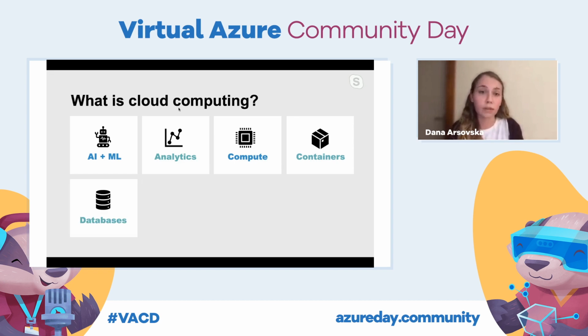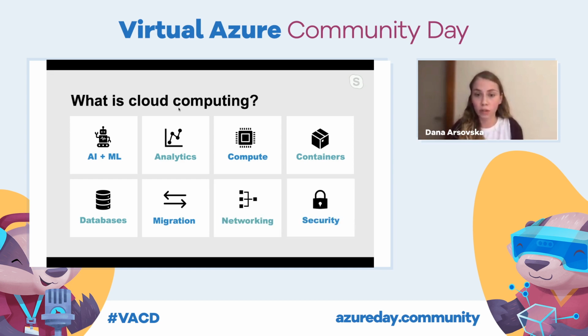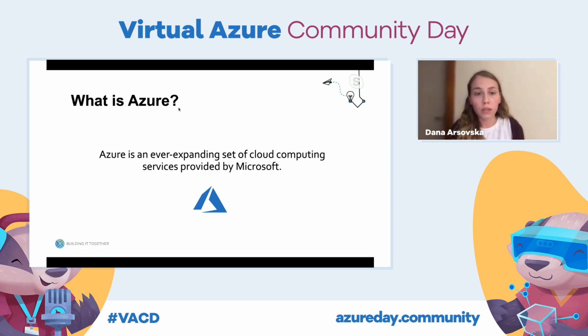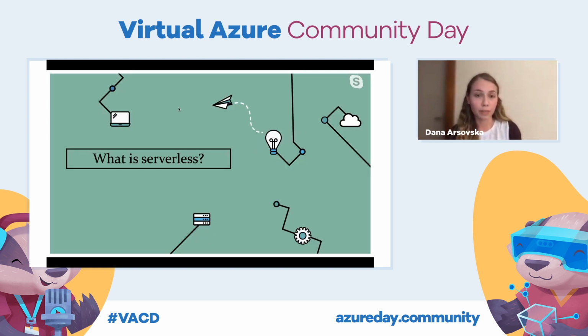Here we have different kinds of databases, relational, non-relational, etc. We have migration services, so we can use a cloud provider to migrate from one database to another, different networking services, and security. So what's Azure? I think all of you are already familiar, but for the complete beginners, this is a cloud provider that offers an ever-expanding set of cloud computing services. And we're going to talk mostly about that today.